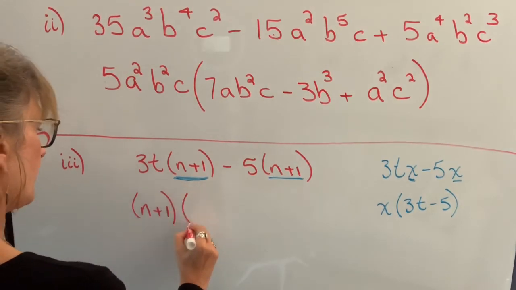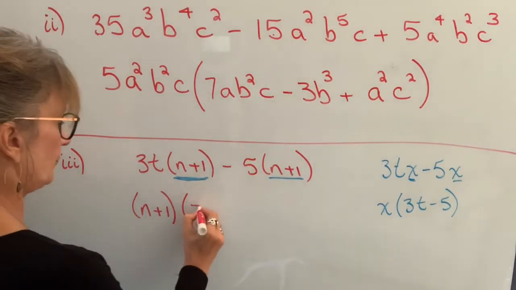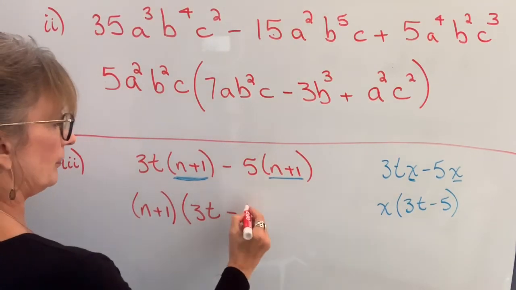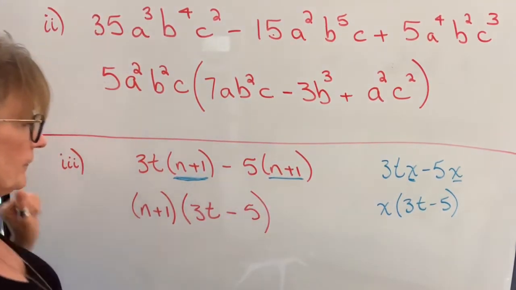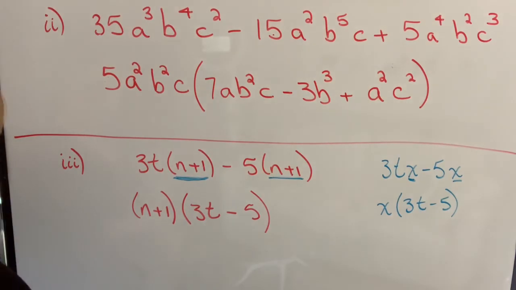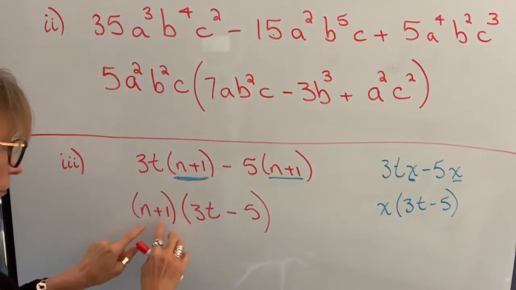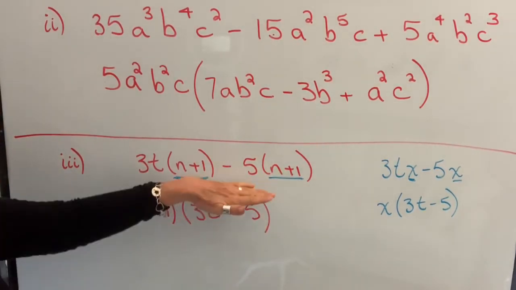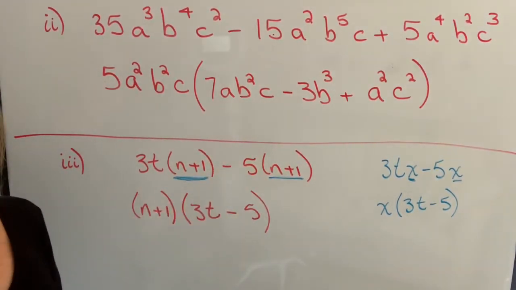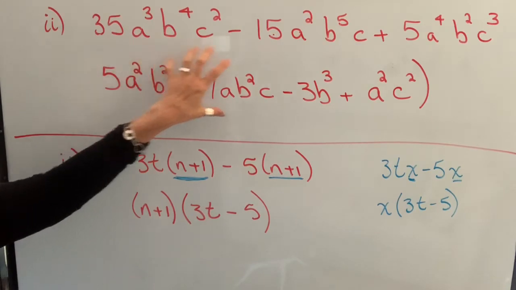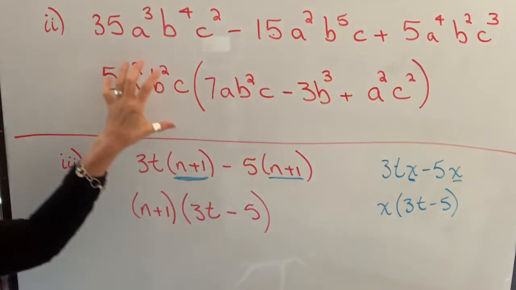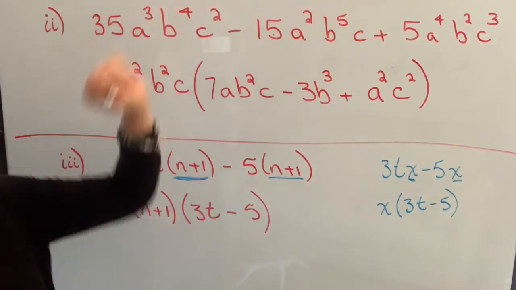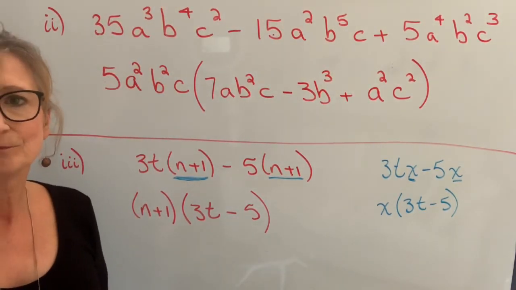And when I factor it out of this term, I'm left with 3t. When I factor it out of this term, I'm left with minus 5. And again, we could check it by multiplying this to each of these terms to see that I get back to what I started with. Same thing here, I can check whether the factoring is correct very easily because I can multiply this through to each term and see if I get back to what I started with.